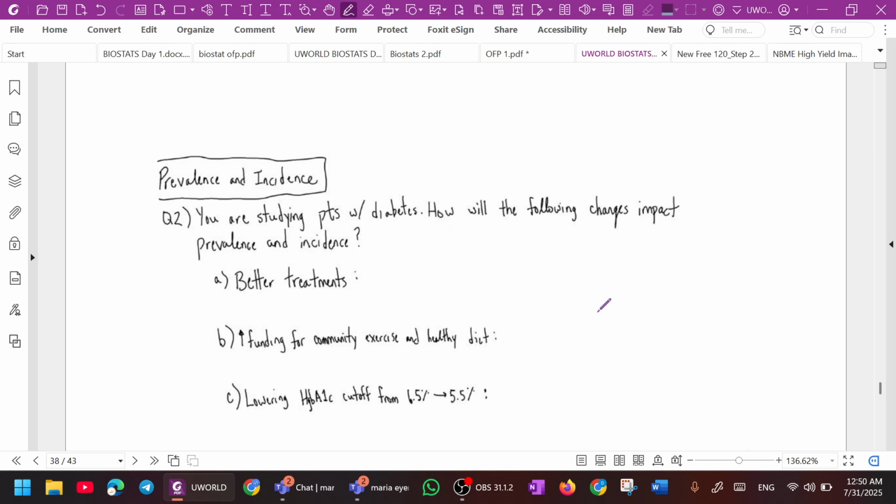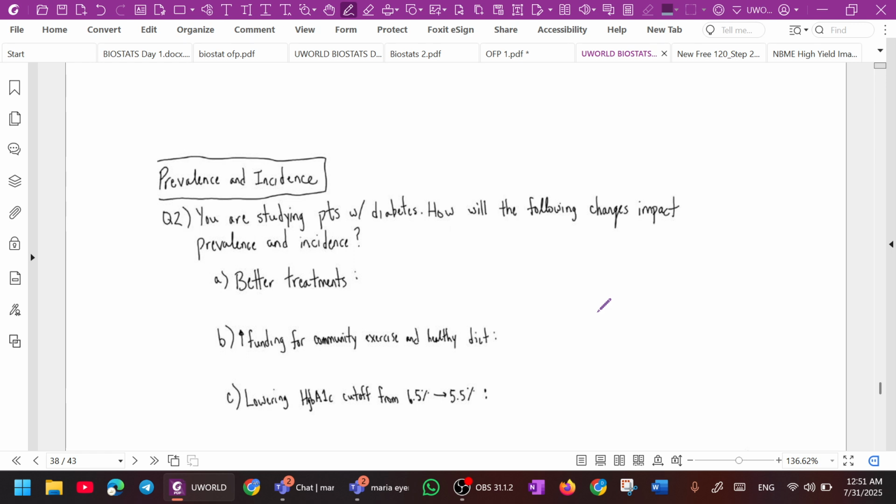You are studying patients with diabetes. How will the following changes impact the prevalence and the incidence? Better treatment will increase the prevalence, and incidence is normal, like incidence does not change. No change in incidence.